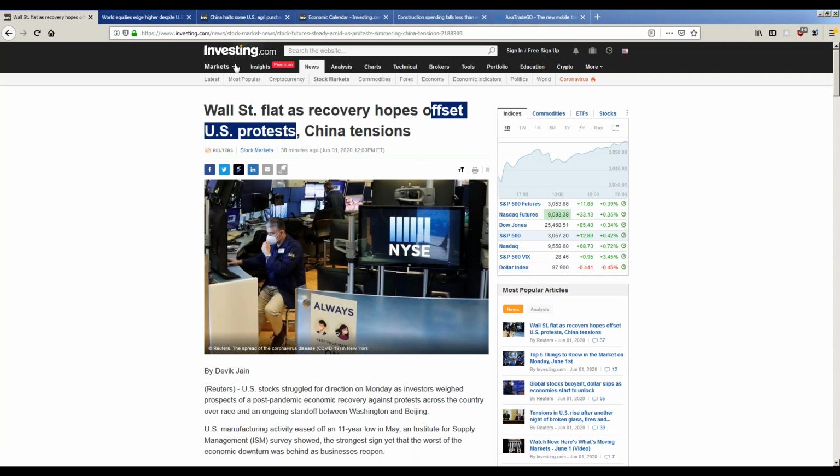So that's why this headline is telling you Wall Street's flat or even slightly in the green because of hopes of a recovery of the economies, even though there's tension with these US protests. And they're not just protests, they're riots. Major cities all across the US have curfews now. Businesses that were trying to open up after the pandemic have, many of them, been destroyed, looted, burned, and just some craziness going on.